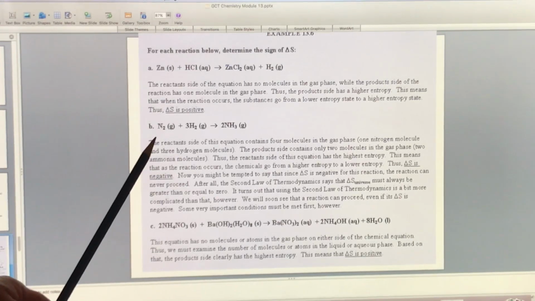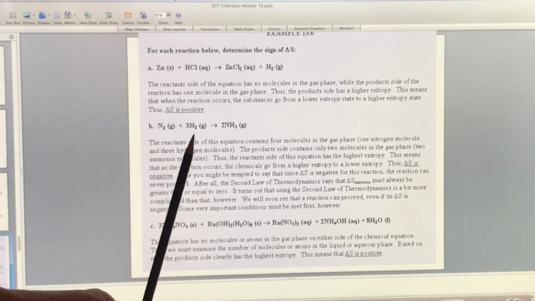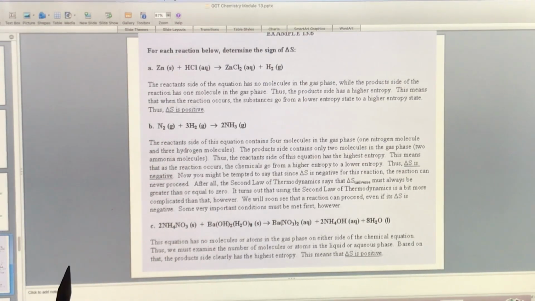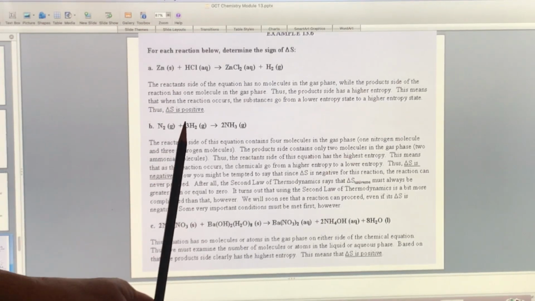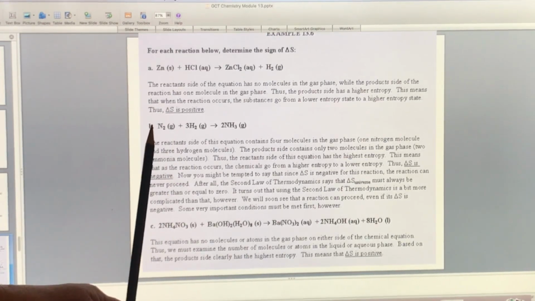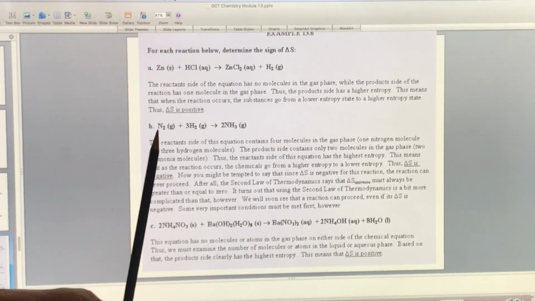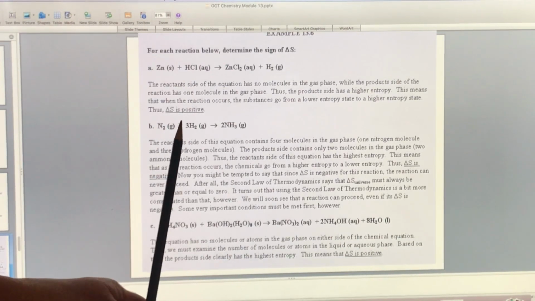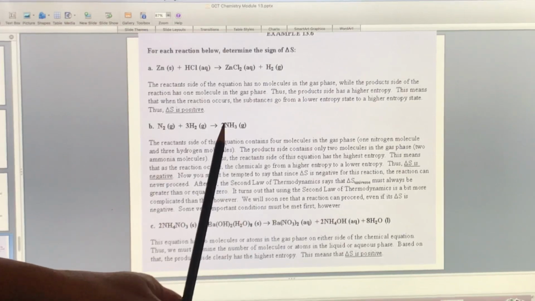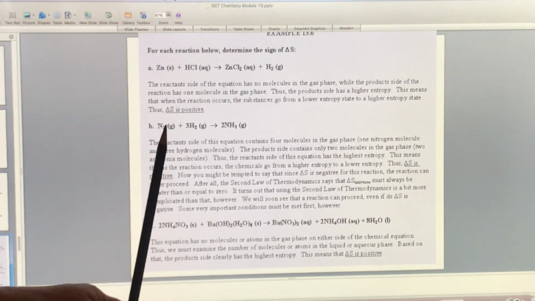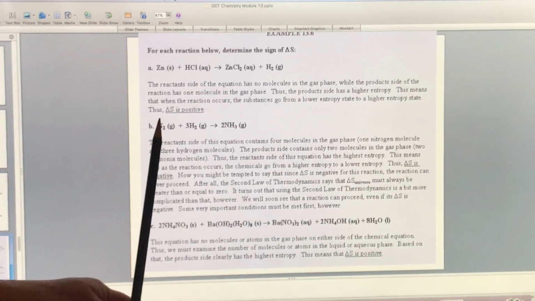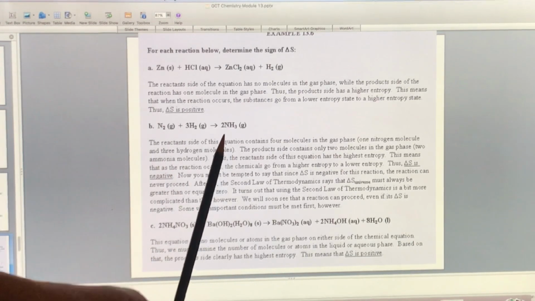In the next equation, we have all of the molecules in the gas phase, so then we start comparing the number of molecules. So we have 1 plus 3 here, right? It's an imaginary 1 before the nitrogen, plus the 3, that's 4 on this side, versus only 2 on this side. So 4 to 2, the 4 is higher, going down to lower.